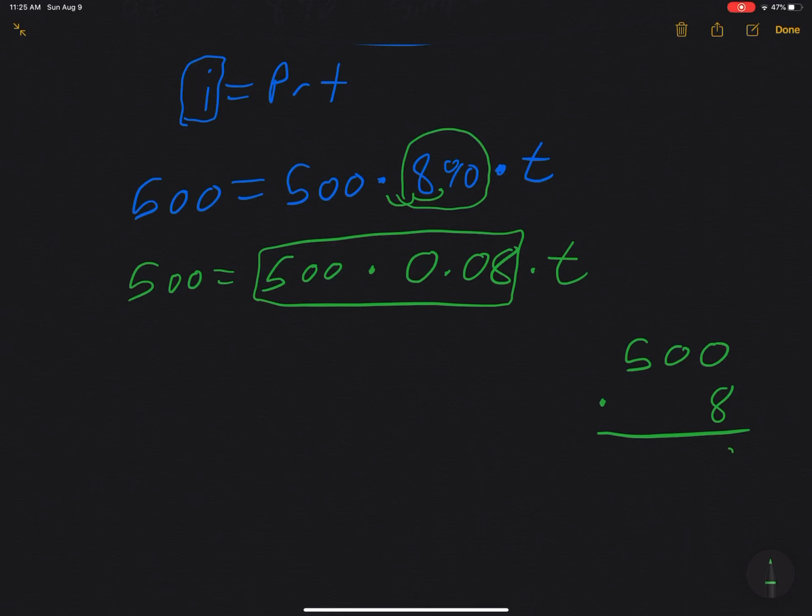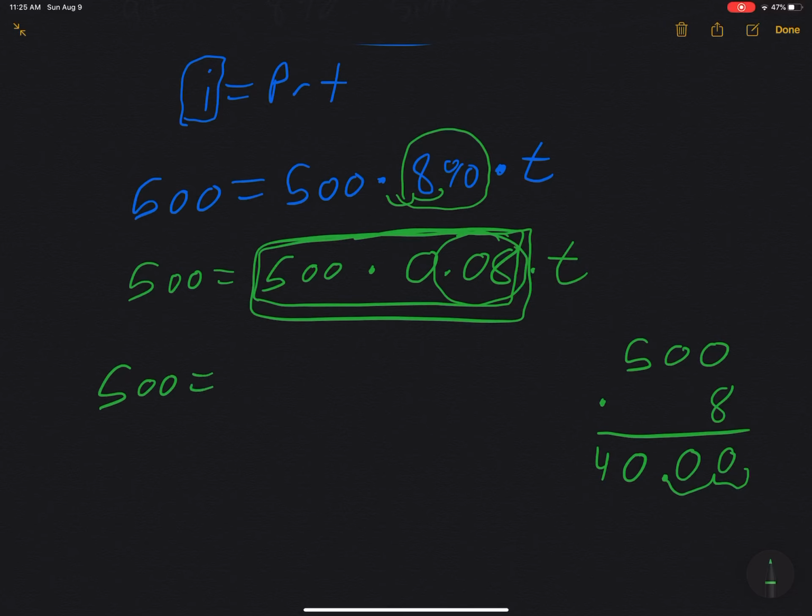Well, 8 times 0 is 0, 8 times 0 is 0, 8 times 5 is 40. And we have 2 decimal points in our whole problem, so we move it over 2 decimal points. So 8% of 500, or 0.08 times 500, is 40. And we get 500 is equal to 40 times t.